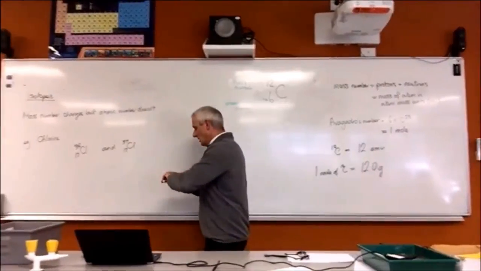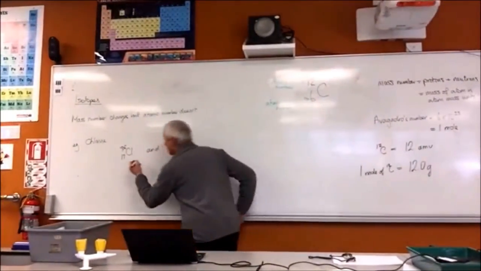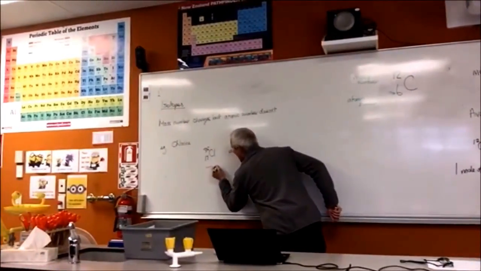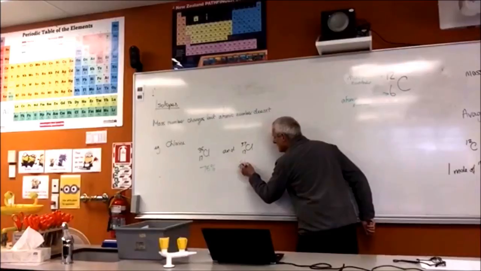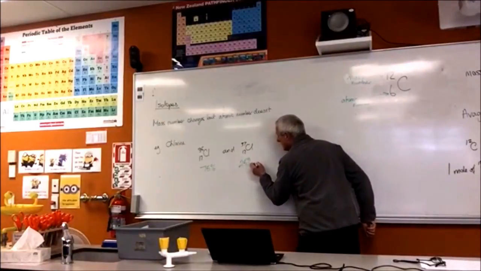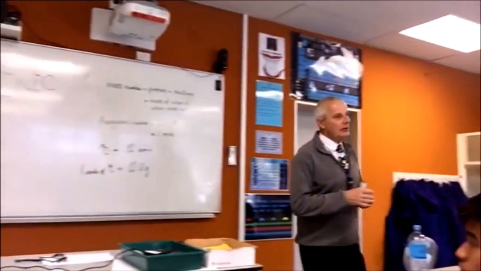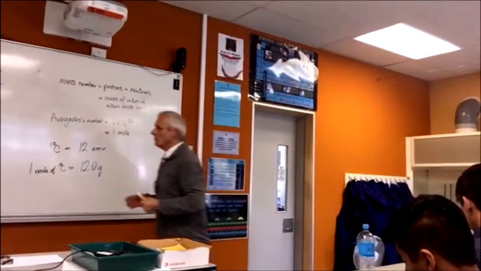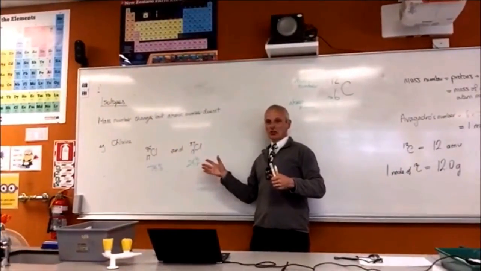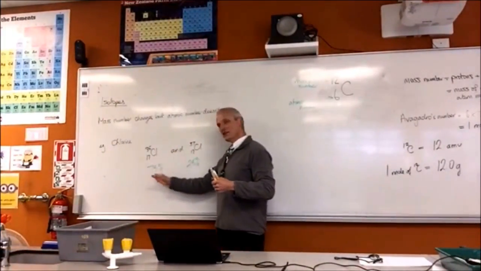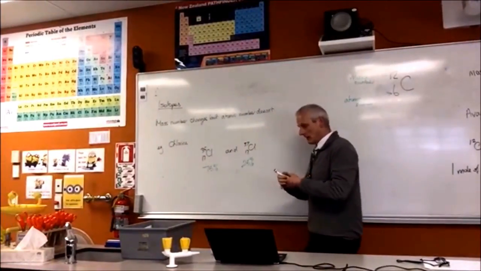And on Earth, if you take a sample anywhere on Earth, statistically you'll find that 75% of the atoms will be that, and 25% will be that. So what we do to work out the mass of 1 mole is to take the weighted average of those 2 isotopes. So in fact 75% of 1 mole is that mass and 25% is that mass.